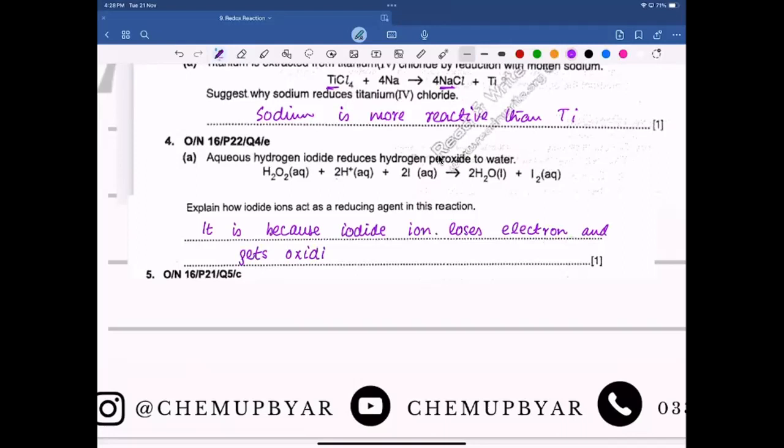As it loses the electron, it is actually providing the other substance that electron, so the other substance would gain that electron and get reduced. So that's why it's a reducing agent, because it provides the electrons to the other substance. Is this clear? Yes. Okay.